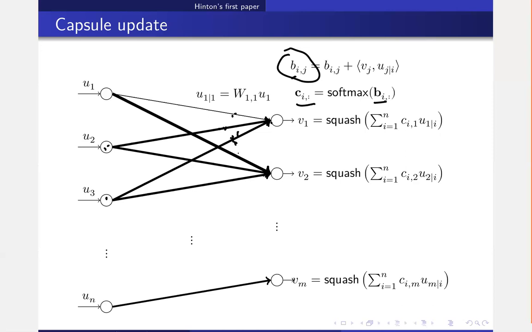So we'll have more information flowing from here and here than from here to V_1. Similarly for this one here, maybe now this one is stronger than the two here, so c_12 will be bigger, basically.